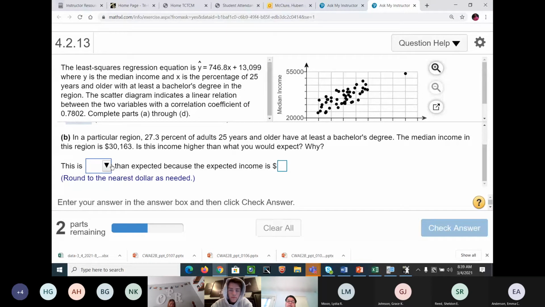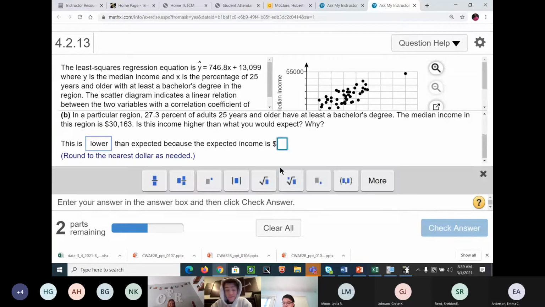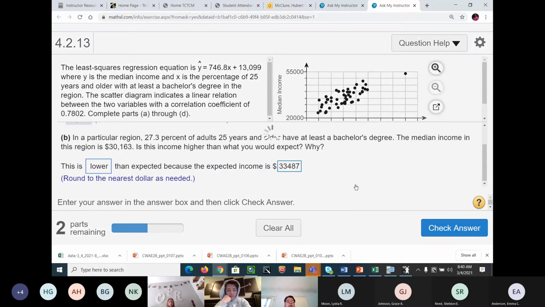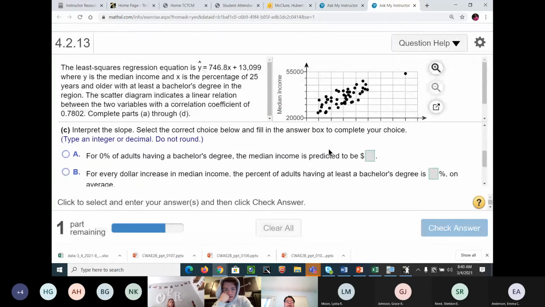I'm going to say lower than expected because the expected is 33,487. Now, if I get it wrong, then they're going to want to say this is higher than expected because the expected is 30,000. So let's see what we get. Okay, that's right.